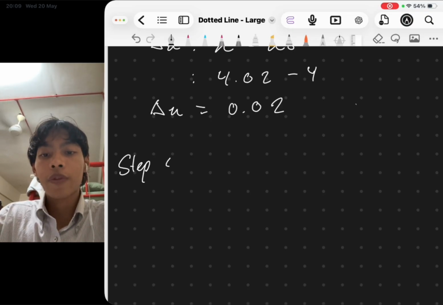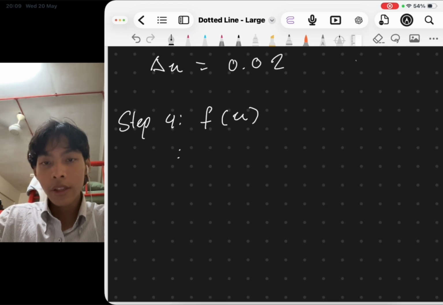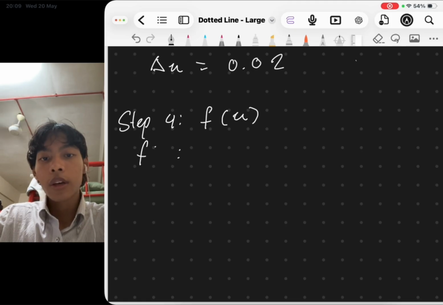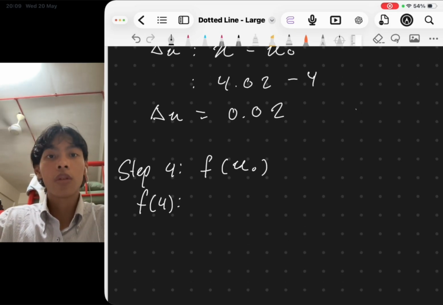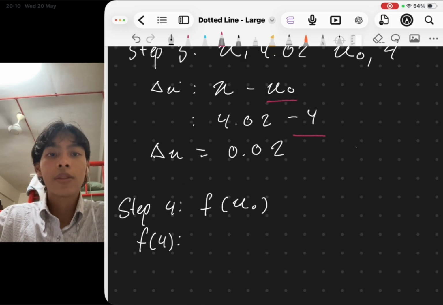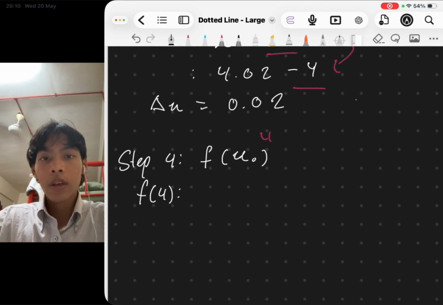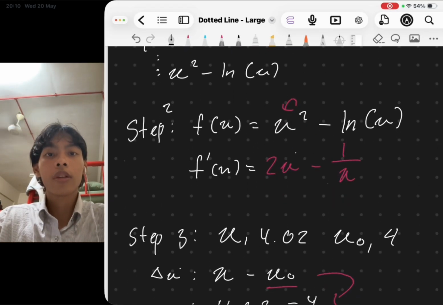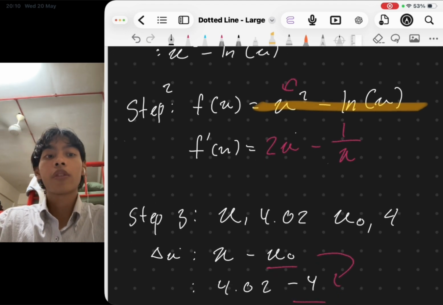First is f(x0), which uses 4. We use the first formula, the normal one, x squared minus ln x.